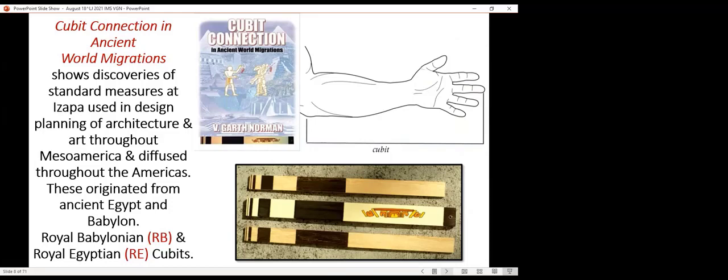These originated from ancient Egypt and Babylon, which is the Royal Babylonian and Royal Egyptian cubits, and shown in the reconstruction there, and the breakdown of these cubit rods by the halving method.